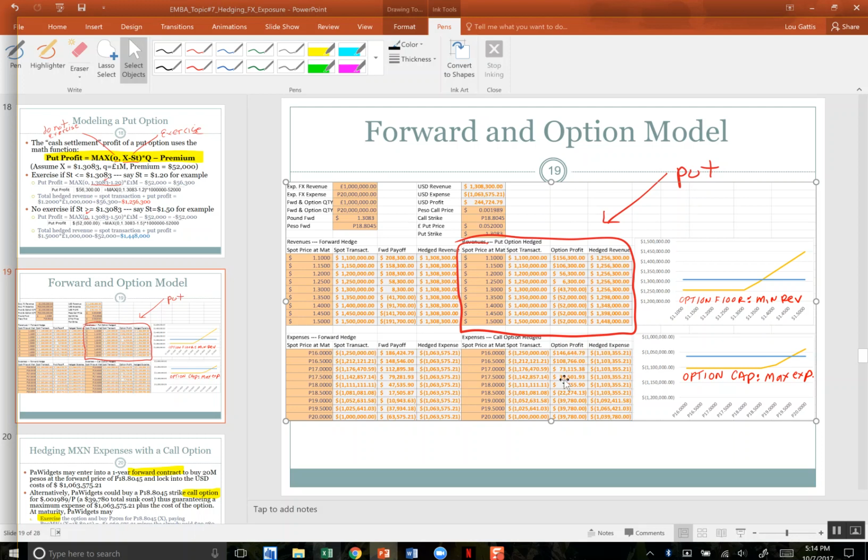This is the call option on the peso. Instead of saying ST minus F times the quantity like I did with the forward, on this one, I just said the max of 0, ST minus the strike. And it's modeling the fact that you either exercised or didn't exercise the option.